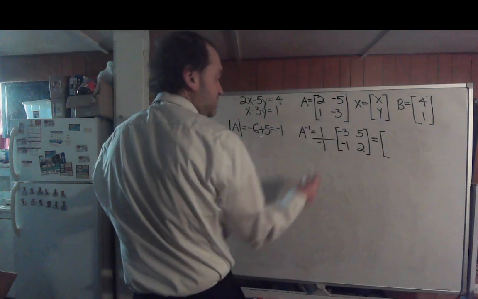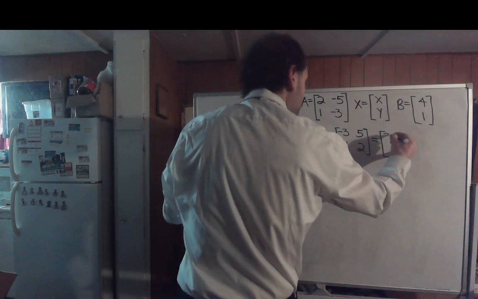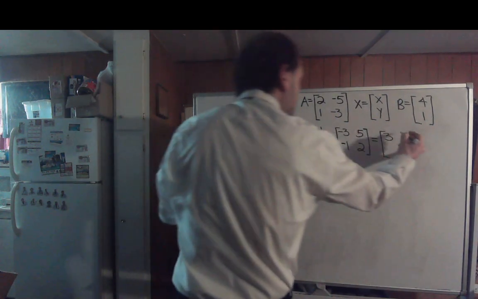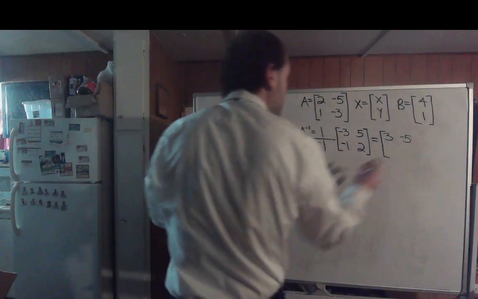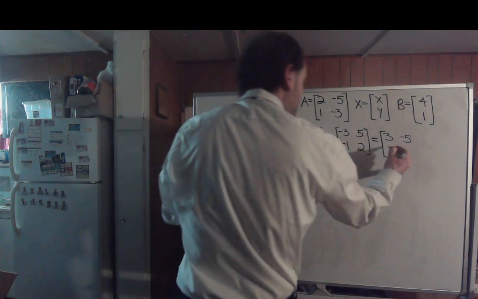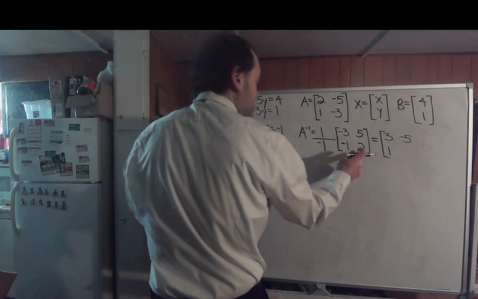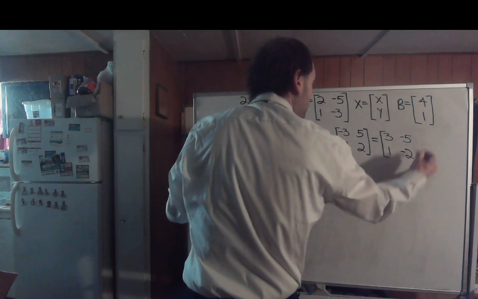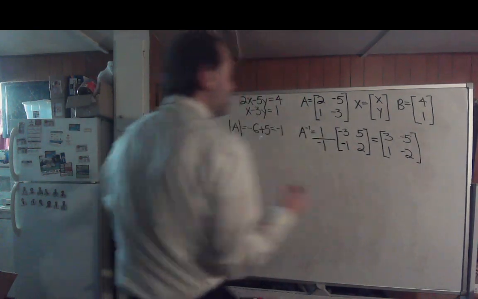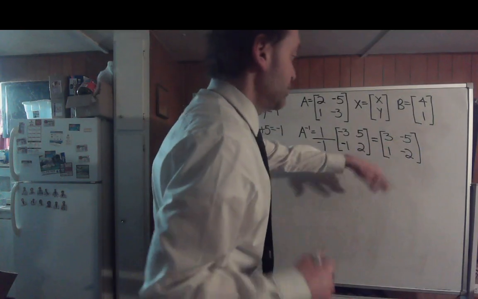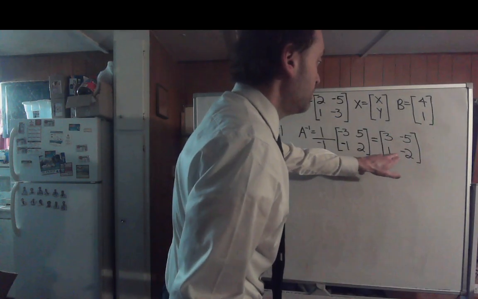That's going to give you, see, negative 1 times negative 3 is positive 3. Negative 1 times 5 is negative 5. Negative 1 times negative 1 is positive 1. Negative 1 times 2 is negative 2. So here is going to be your inverse matrix, 3, negative 5, 1, and negative 2.